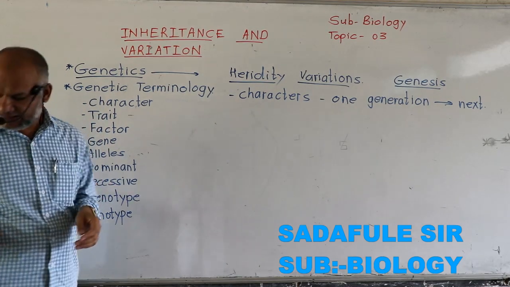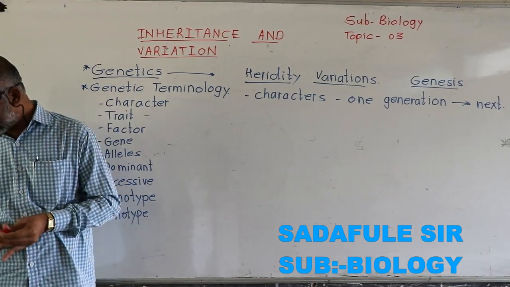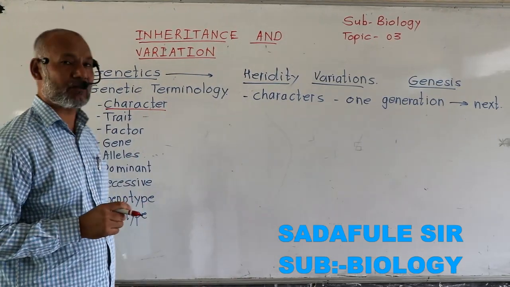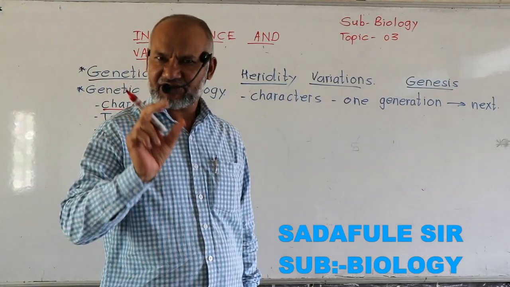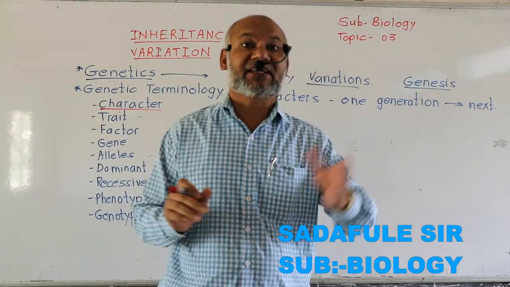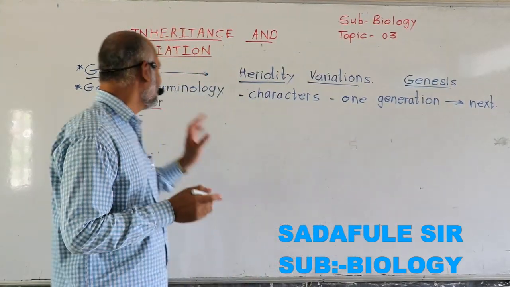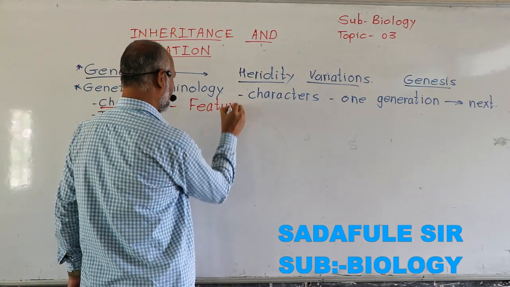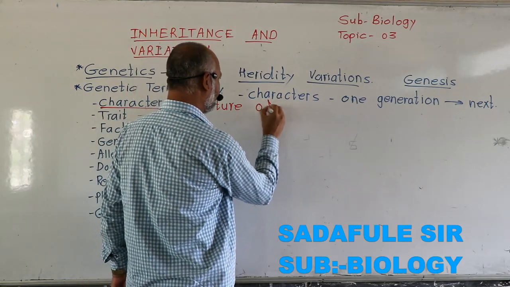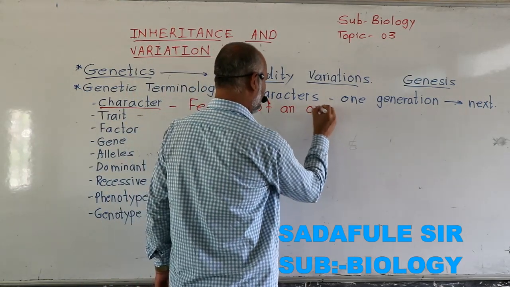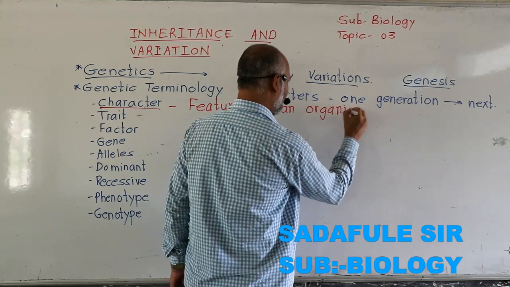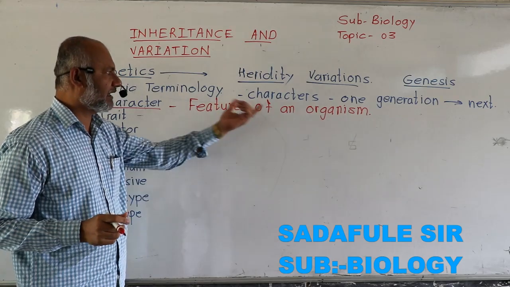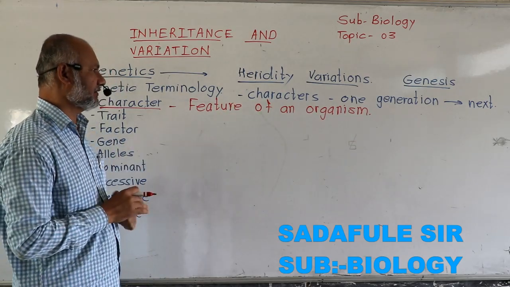First term is character. Now what is character? We know about a feature film. In a feature film there are various characters. Similarly, character is the feature of an organism or an individual.